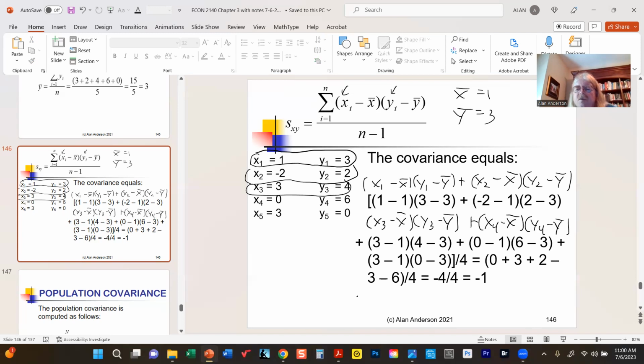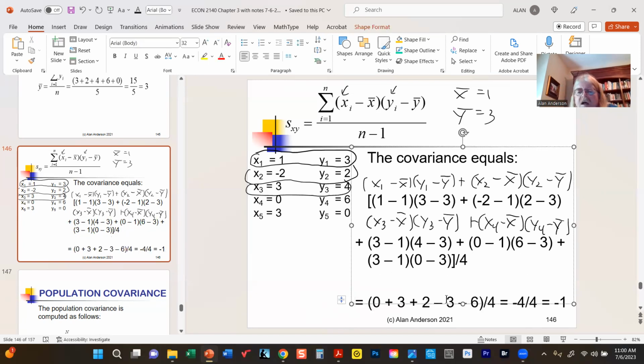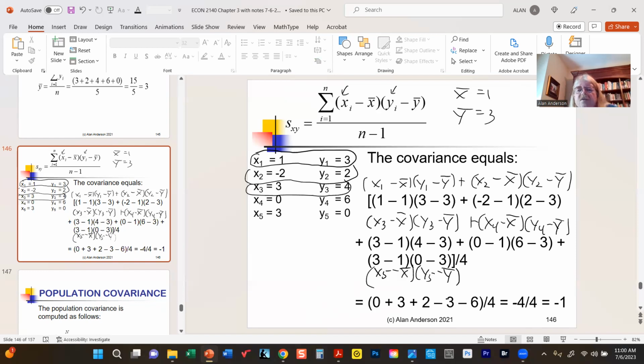And then there's just one more at the end there. This will be X5 minus X bar, Y5 minus Y bar. Now, if you notice at the end, we're dividing not by n, but n minus 1. n is 5 because each sample has 5 observations. n minus 1 is 4.